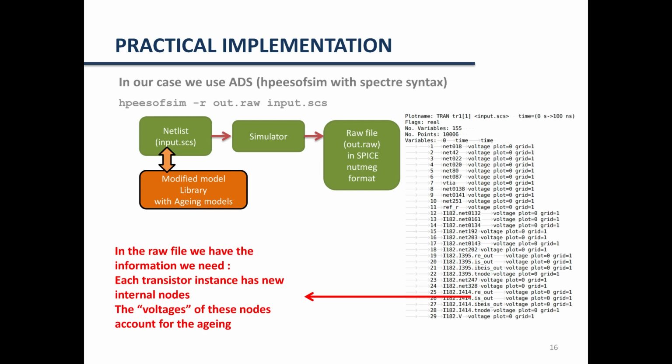This means that in the output file we have a specific voltage node for every transistor instance, which keeps track of the variations of the degradation parameters. So all the information we need is stored in this output file here.